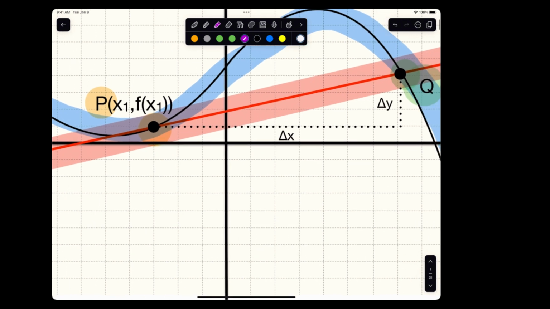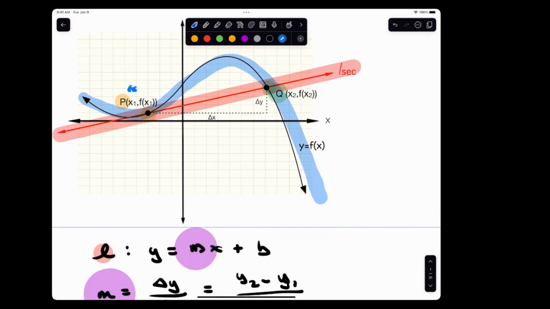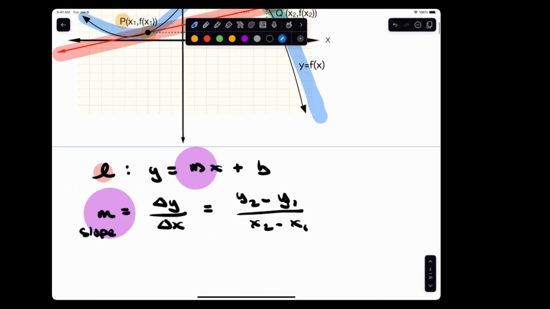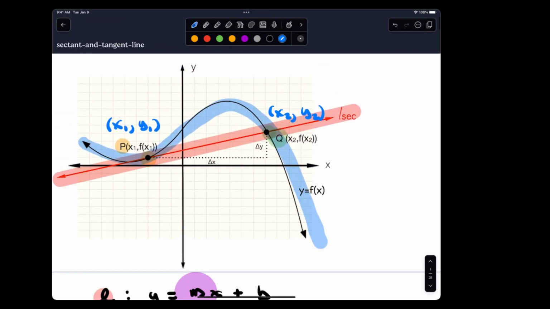Well, that's x1, and these are the coordinates. This is your x1 and your y1, and this is x2, y2. Okay? That's beginning algebra. Does that look familiar? Okay, good. You got the slope of the secant line, because this is a secant line.